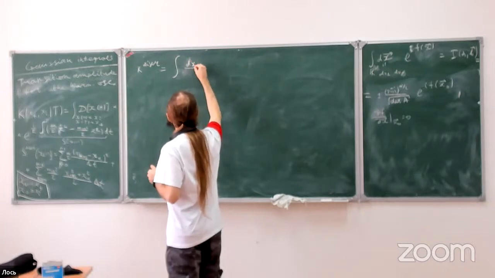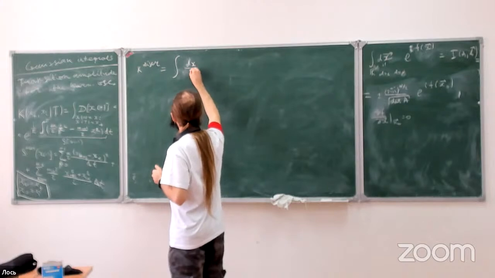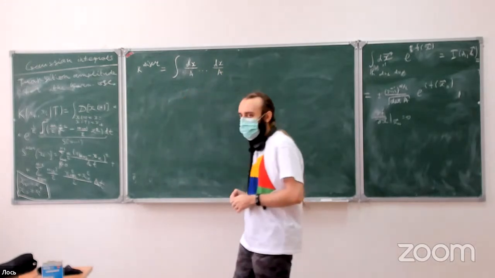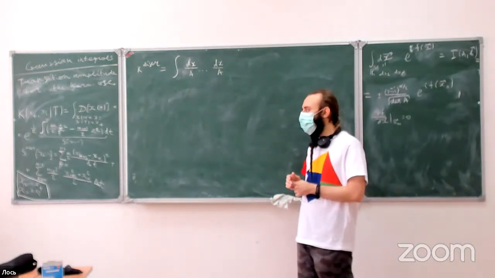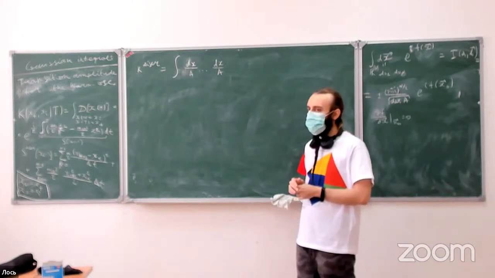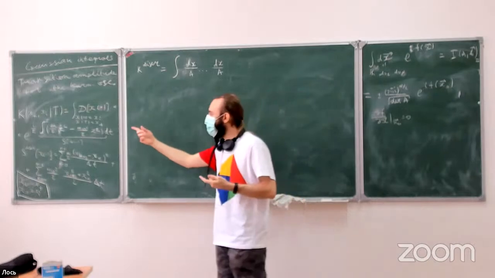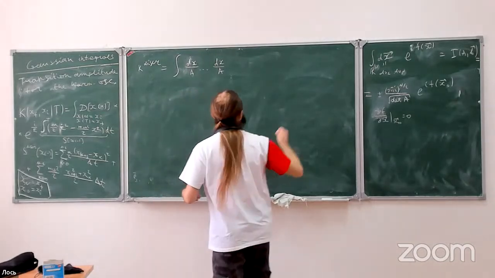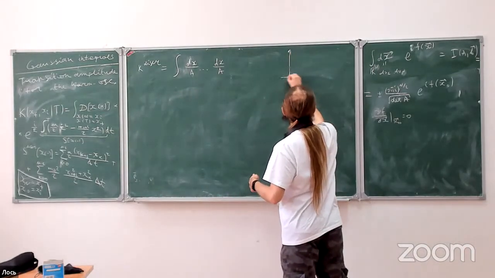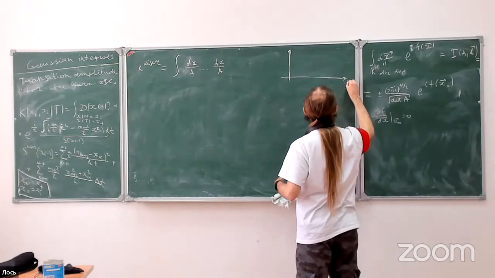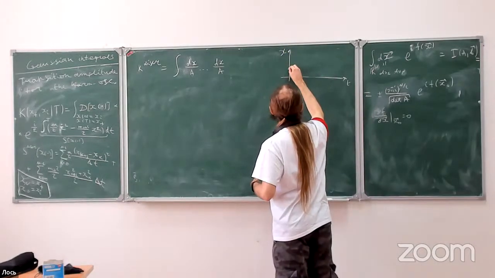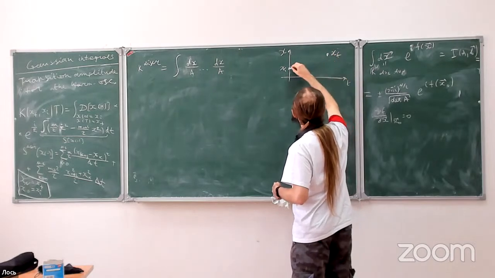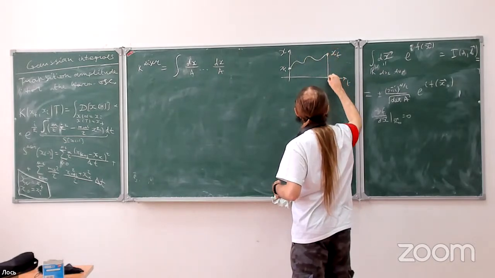So yes, what is the list of dx's which should be in the integration measure? Yes, but x0 is the initial point, xn is the final point. And yes, there is this picture: integration over all possible discretized paths. Here is the initial x. Yes, except the zeroth and the last.